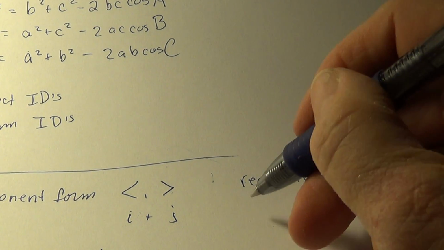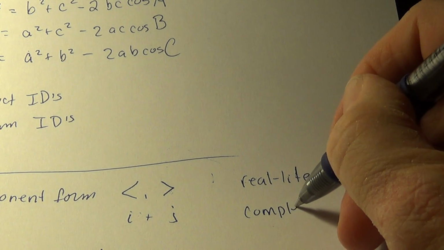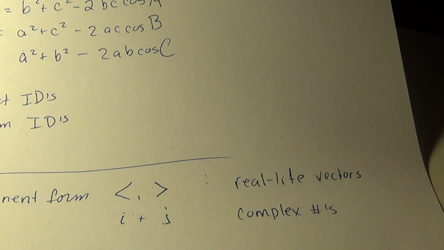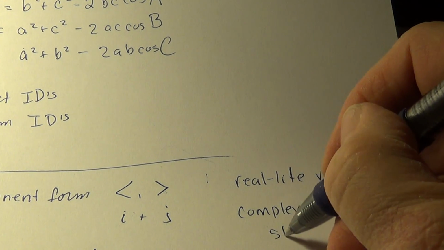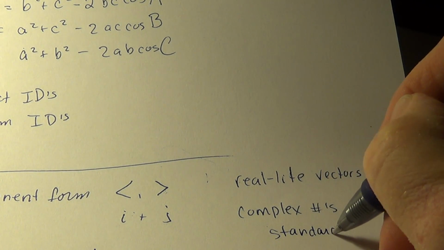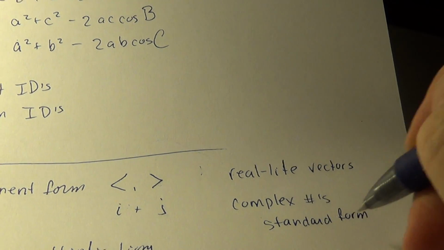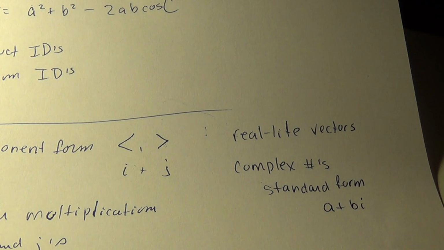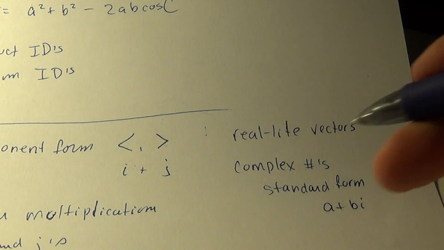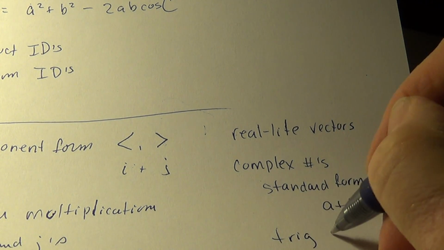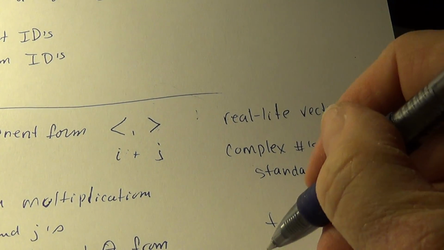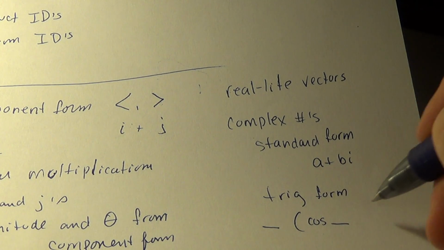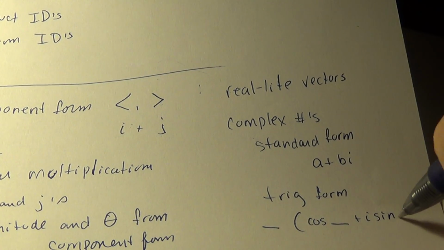We did complex numbers. And those complex numbers were in standard form, such as a plus bi. And we learned to put them in trig form. And that's where you have a number outside, the magnitude, times cosine of an angle, plus i sine of an angle.